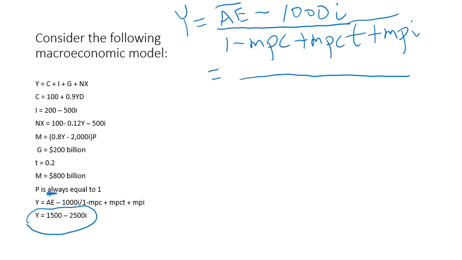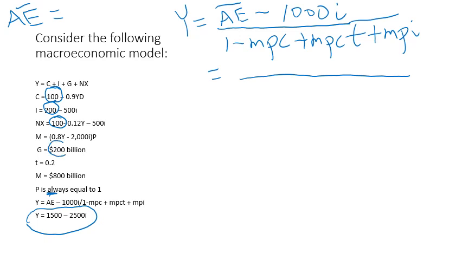So let's start with the numerator. Autonomous aggregate expenditures. Autonomous consumption, that's 100. Autonomous investments, so that's 300. Autonomous exports, that's 400.